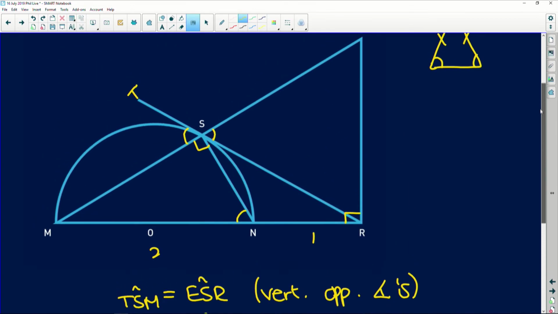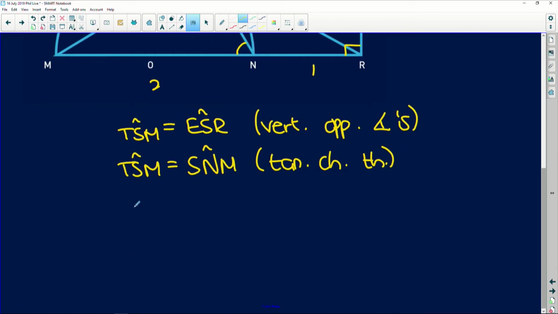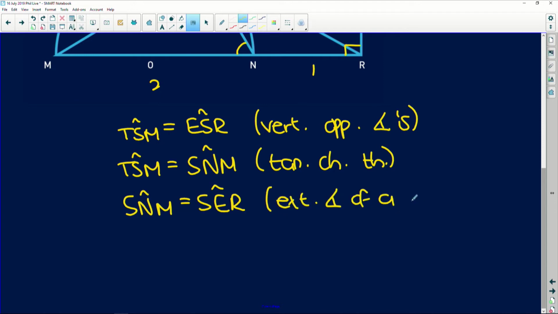Lastly, we've just proved that this whole quad here is cyclic, which means that this exterior angle is equal to the interior opposite angle. SNM is equal to SER because exterior angle of a cyclic quad.